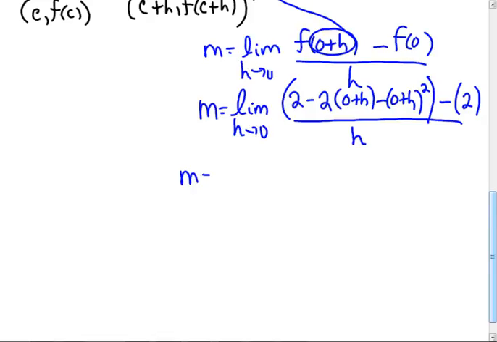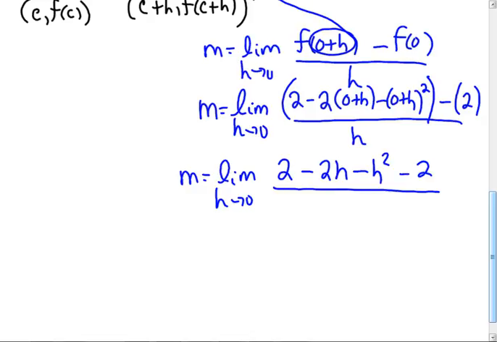So m is equal to the limit as h goes to 0, and this is going to be 2 minus 2h minus h squared minus 2. So it wasn't so bad, was it? It's actually one of the easier ones.